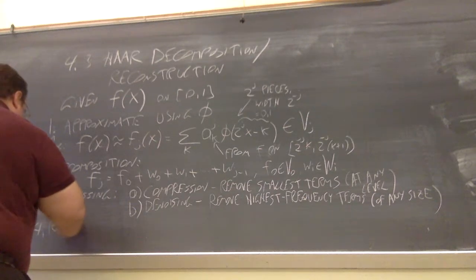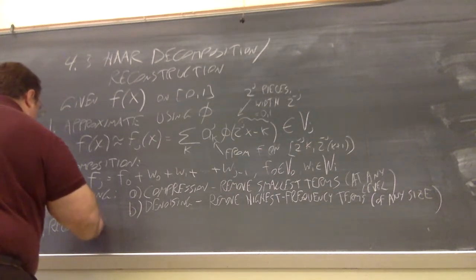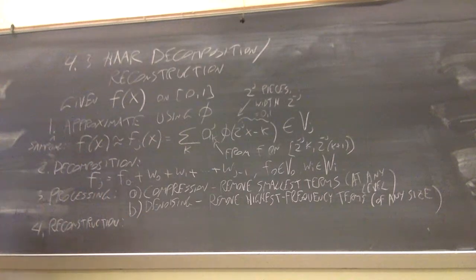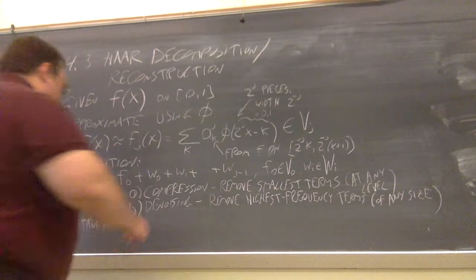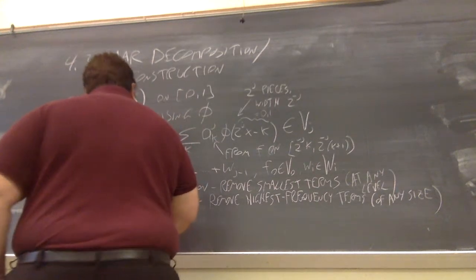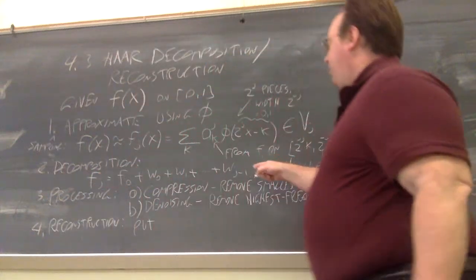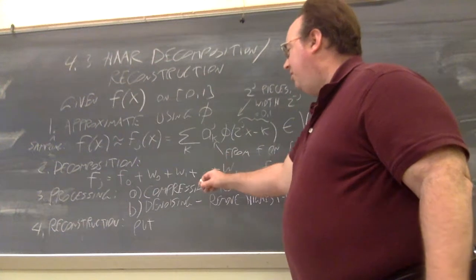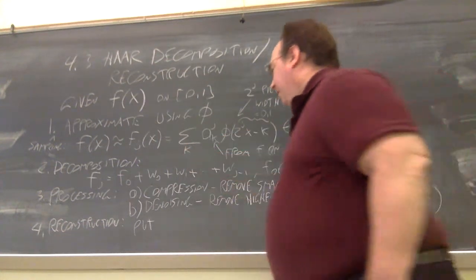Reconstruction. So now that you've done something to your signal, hopefully enhanced it in some way, you want to go back to having a function of x. So right now you still have this kind of decomposition. This just changes the coefficients in the decomposition, but after processing it still has this form.